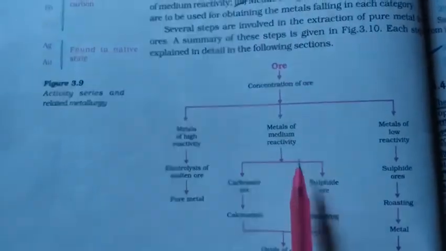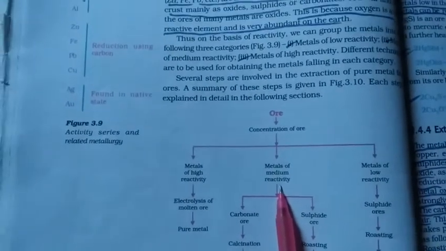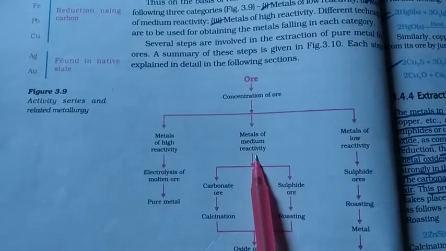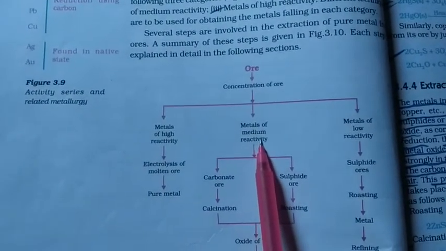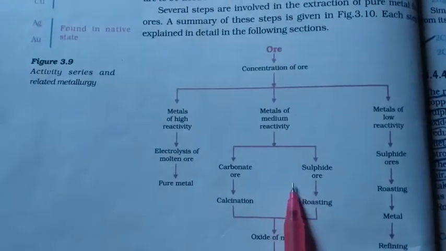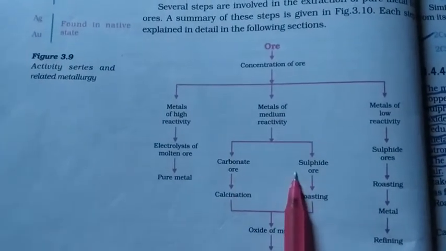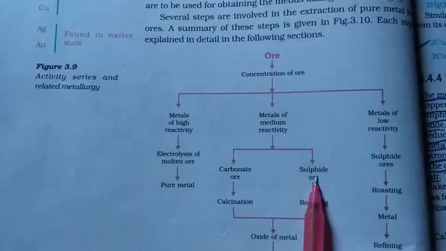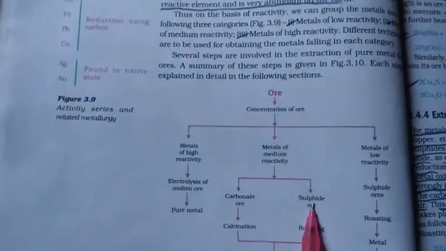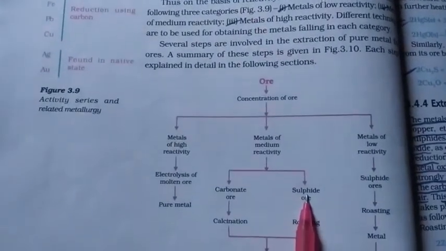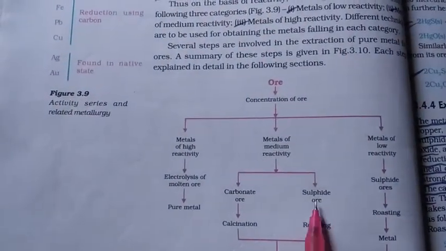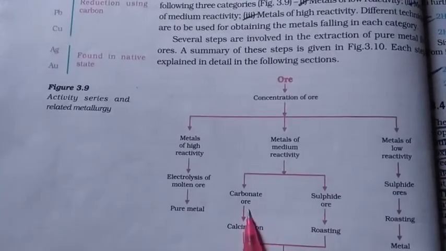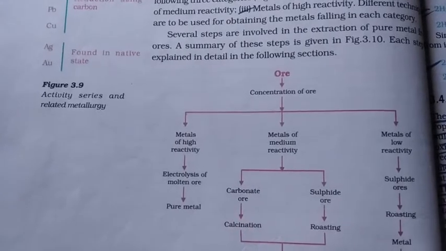Now if they are in medium reactivity, you can take examples like zinc, iron, lead, their position in the middle of the reactivity series, right? Then they are found in two forms, carbonate ore and sulfide ore. If you take the example of zinc, then zinc is found in sulfide ore form as zinc sulfide, and in carbonate ore form as zinc carbonate.